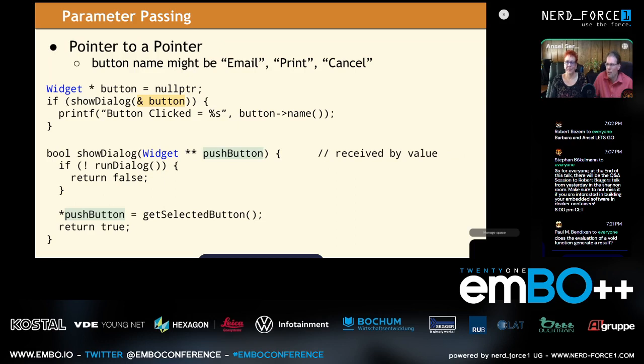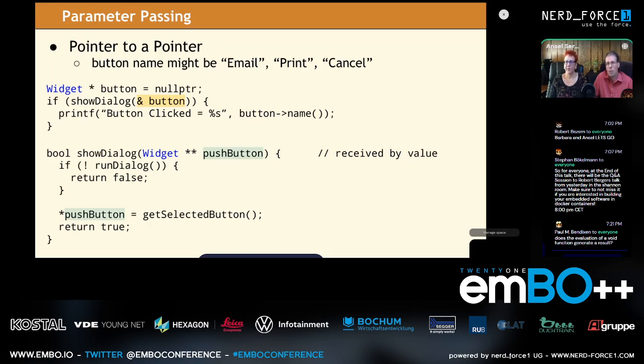Now, there's a subtle difference in semantics between these two slides, because if we go back to here, we are receiving a pointer by L value reference, which means the thing that is passed must be an L value. Here, we are receiving a pointer to a pointer, and we're not specifying what the value category needs to be.